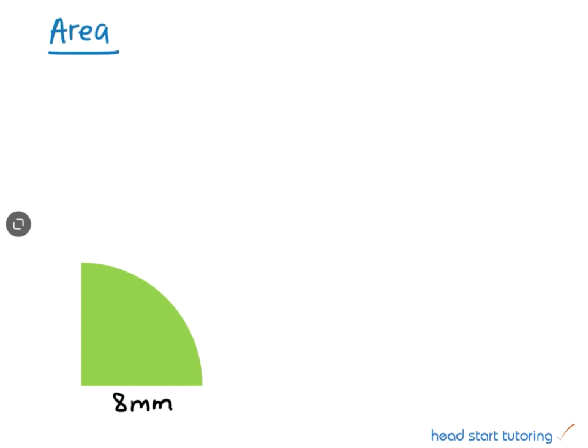If we would like to find the area of a quarter of a circle, what we need to do is find out what the full circle would have been. So pi r squared is the area for a full circle, and we then divide that by 4 because a quarter of a circle is simply a full circle divided by 4.